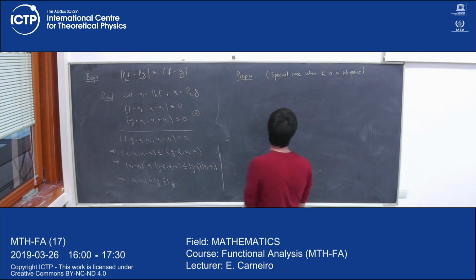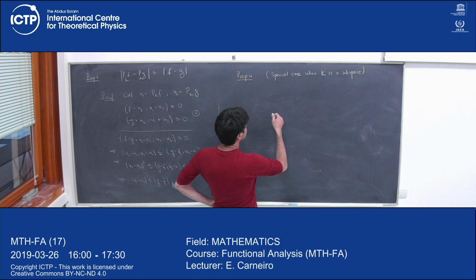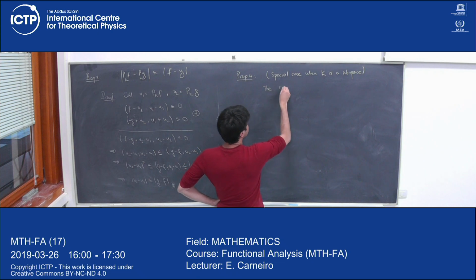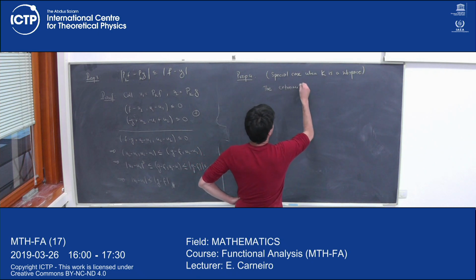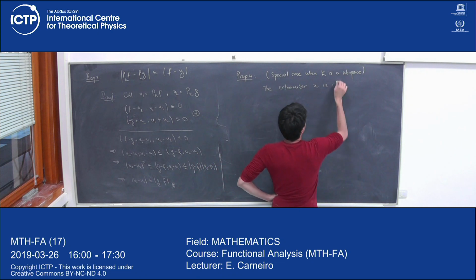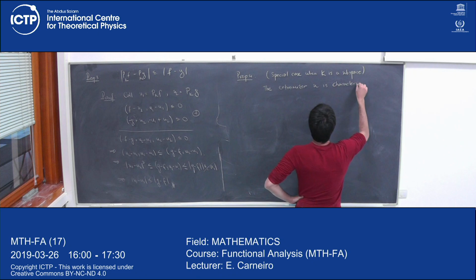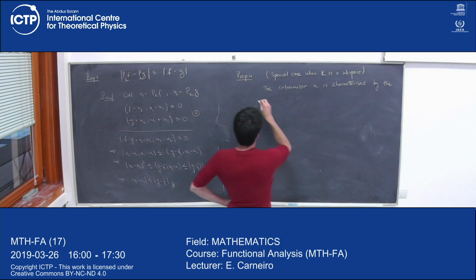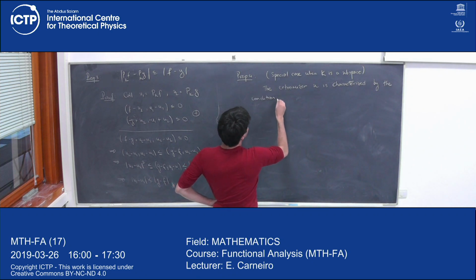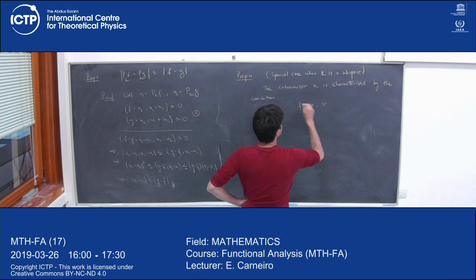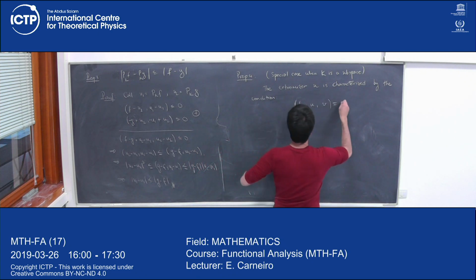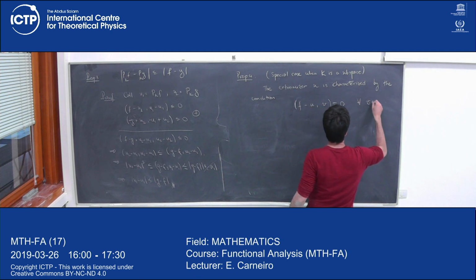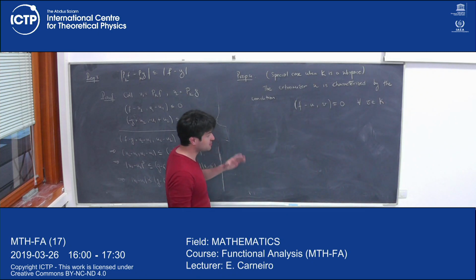So if it's just a linear and closed subspace, what you have is that the extremizer U is then characterized by the condition (F minus U, V) scalar product equals 0 for every V in the space. Just characterized by this condition.